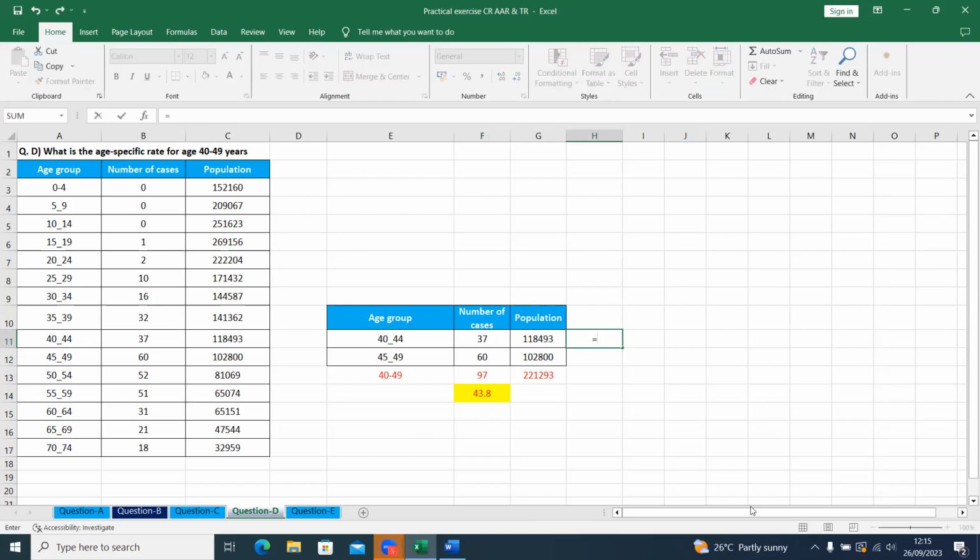If I calculate the age specific rate for the 40 to 44 and 45 to 49, they will do the addition, or otherwise the average. But these are not correct steps.